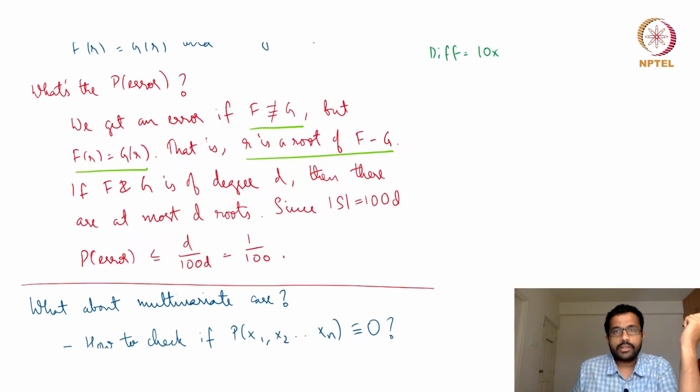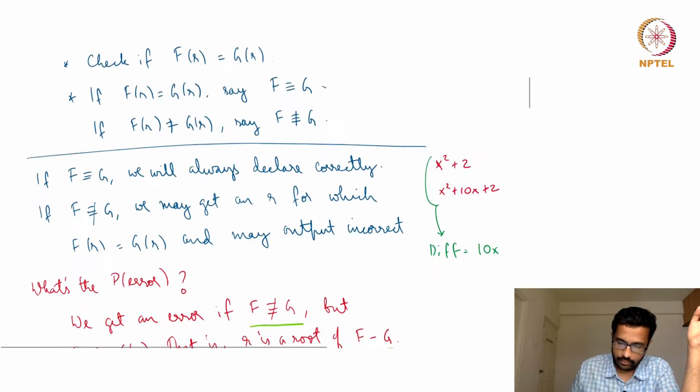But we have what is called the fundamental theorem of algebra, which says that if a polynomial is of degree d, then it has at most d roots. So if f and g are of degree d, then the difference is also of degree at most d, maybe even smaller, and in that case the difference has at most d roots, and you picked r from a big enough set, right?